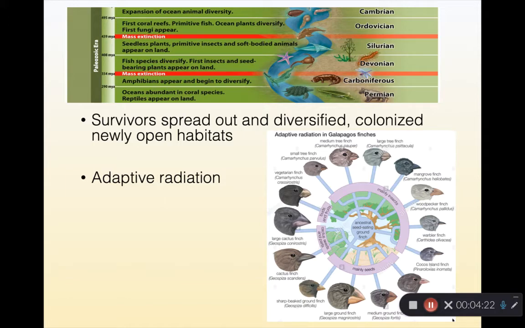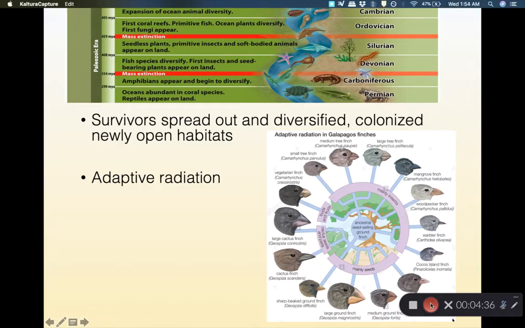But what's important about this is to keep in mind that the survivors of this then spread out, diversify, and colonize newly open habitats. And I wanted you to think back to our last couple lectures in evolution, and think back to Darwin's finches. So we have these different birds that are going out to different habitats and evolving their own specific characteristics and ultimately developing into their own species.